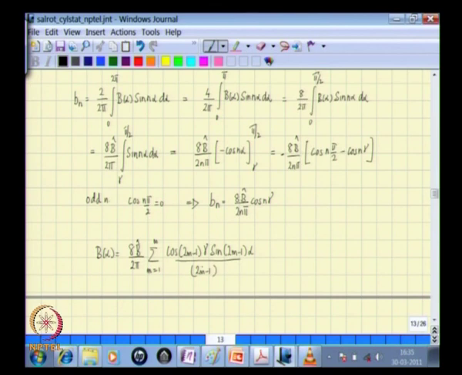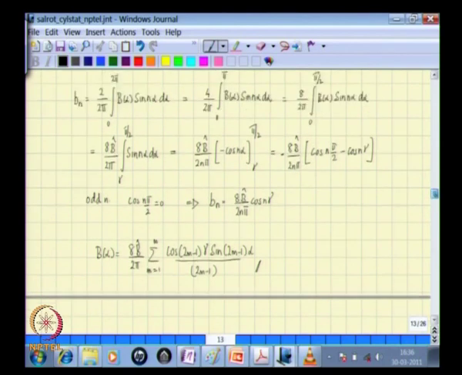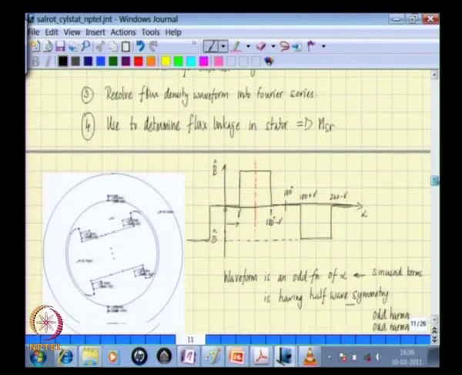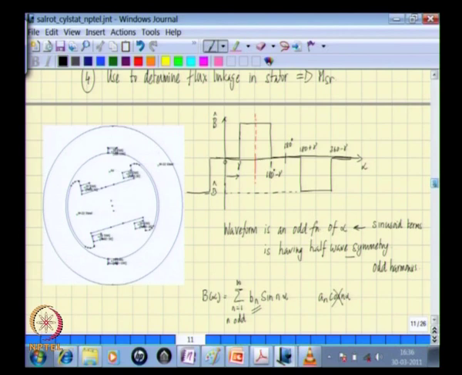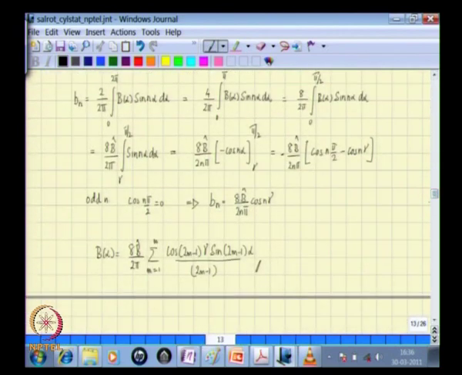We use 2m minus 1 instead of n because n has only odd values. This is the expression for the flux density waveform that we have seen, that is, this quasi square wave flux density waveform has now been resolved into a Fourier series expression which looks like this.